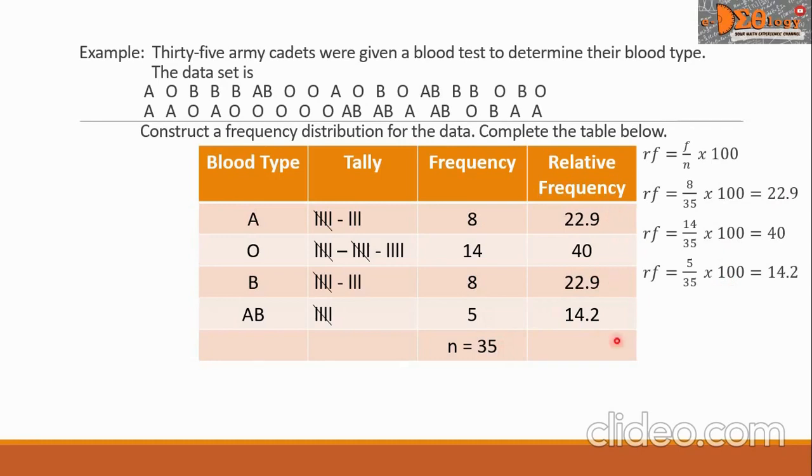And then let us take the summation of the relative frequency, and this must be equal to 100. By the way, the relative frequency of each category describes the frequency of the category in relation to the total frequency.